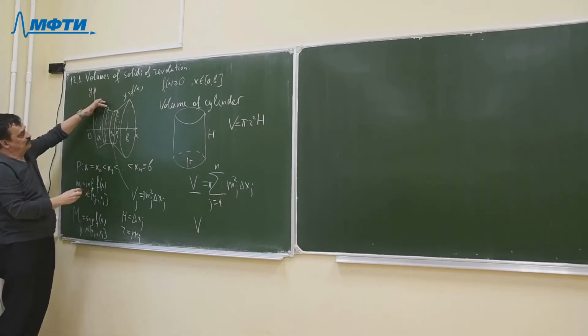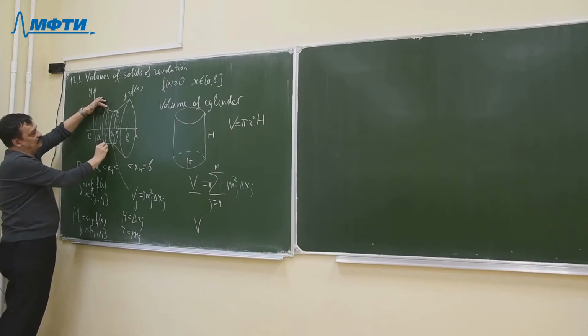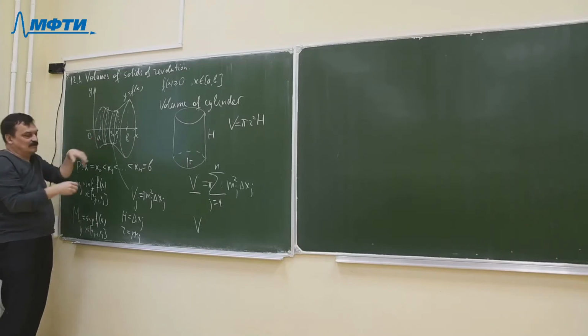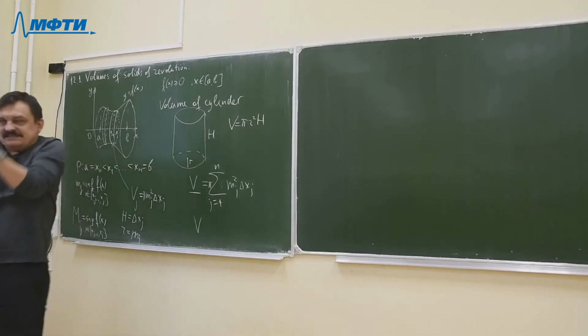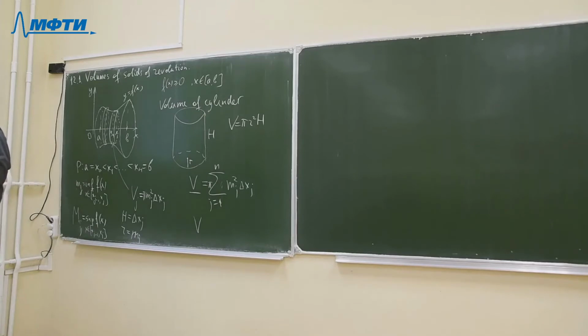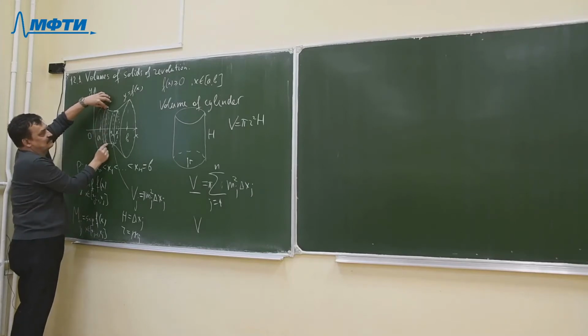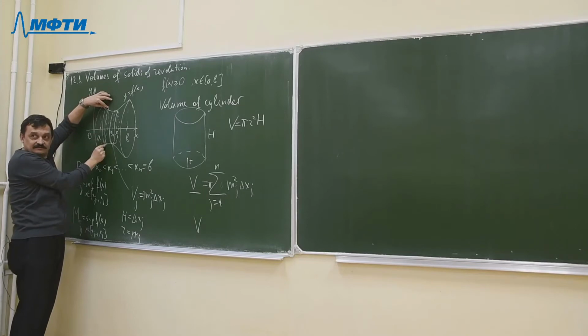So you see, again a thin cylinder. But now this cylinder contains our solid inside itself. This thin cylinder contains part of our solid inside.